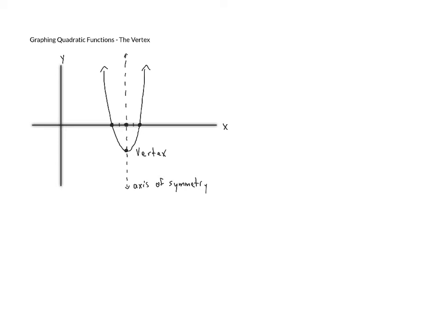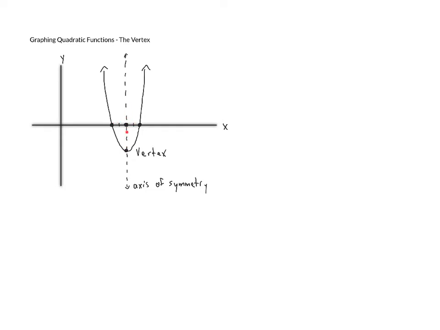And the reason for that is because of symmetry, we know the distance from the axis of symmetry to the one intercept is going to be the same as it is to the other. So we know that the axis of symmetry is halfway between the two intercepts.